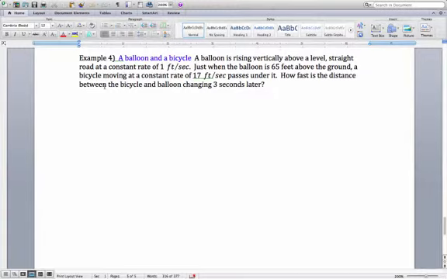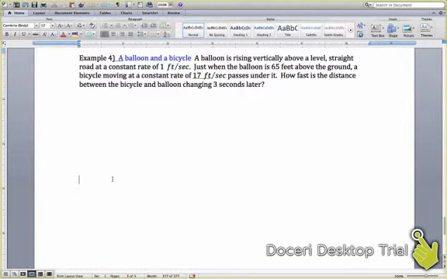The balloon is rising vertically. The bicycle is going underneath of the balloon. And they relate these with the distance between the two. That would be the hypotenuse of the right triangle.